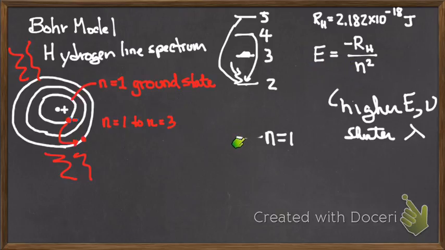Remember we said this is the lowest in energy, most stable, right? So it has to be the lowest value. If you put 1 in here, that's negative RH. This value at the very bottom, if you plug into this equation, you stick a 1 in here. So that's just minus RH. What if it's 2?